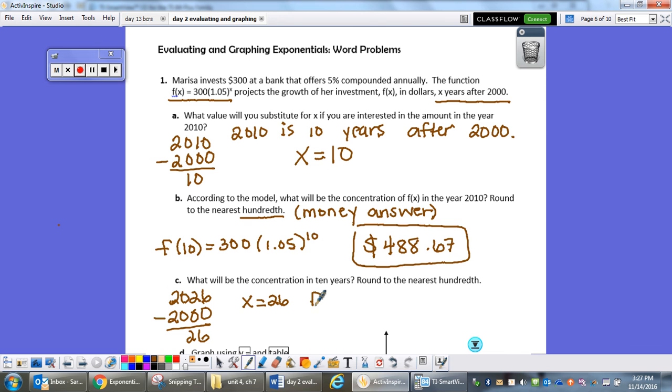So evaluating f of 26 equals 300 times 1.05 to the 26th power.